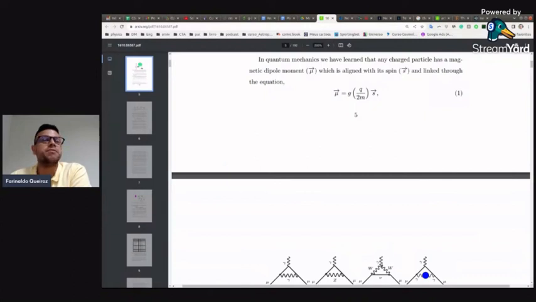If a is different from 0, then there is an anomalous magnetic moment. If a is larger than 0, there is a positive contribution to the magnetic moment. If a is negative, there is a negative contribution.